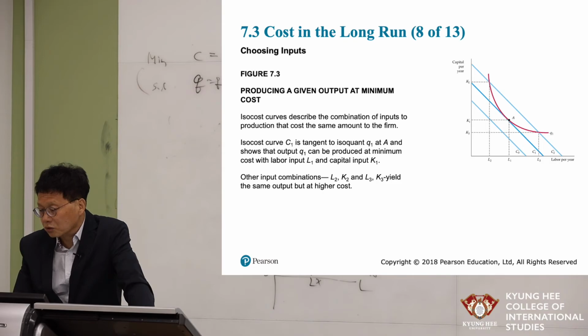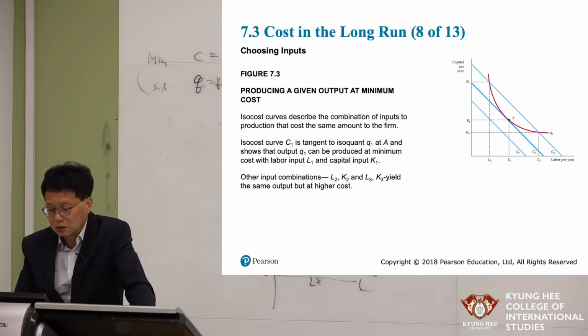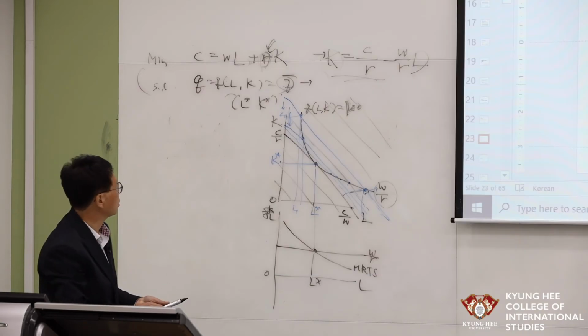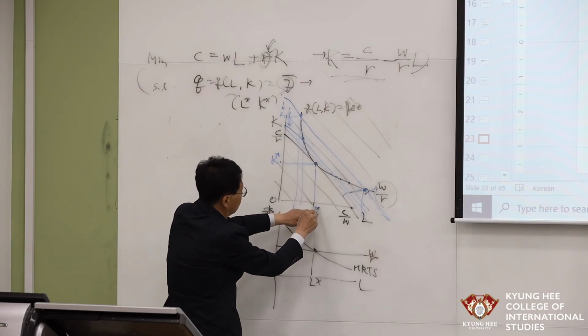There are lots of isocost lines, right? But at point A, the two curves are tangent to each other. Right? That is the minimum cost to produce Q1 units of pizza over the others. That happens only when you hire L star.